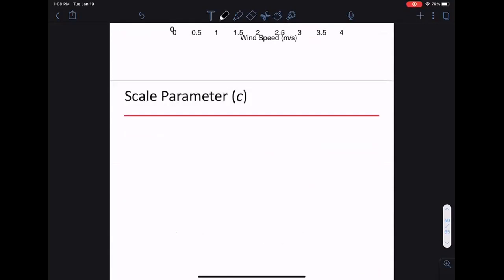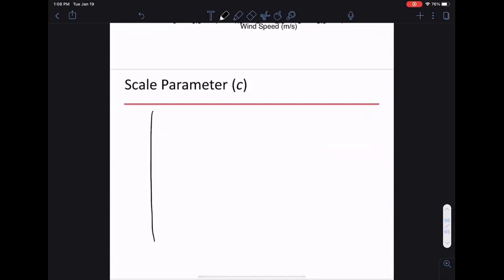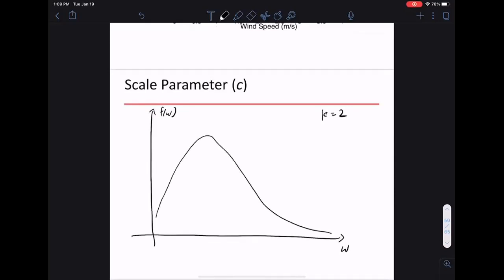And the scale parameter just controls how spread out this thing is. So this is k equals 2. For a small c, the shape is concentrated around this peak, versus a large c, where things are very spread out.